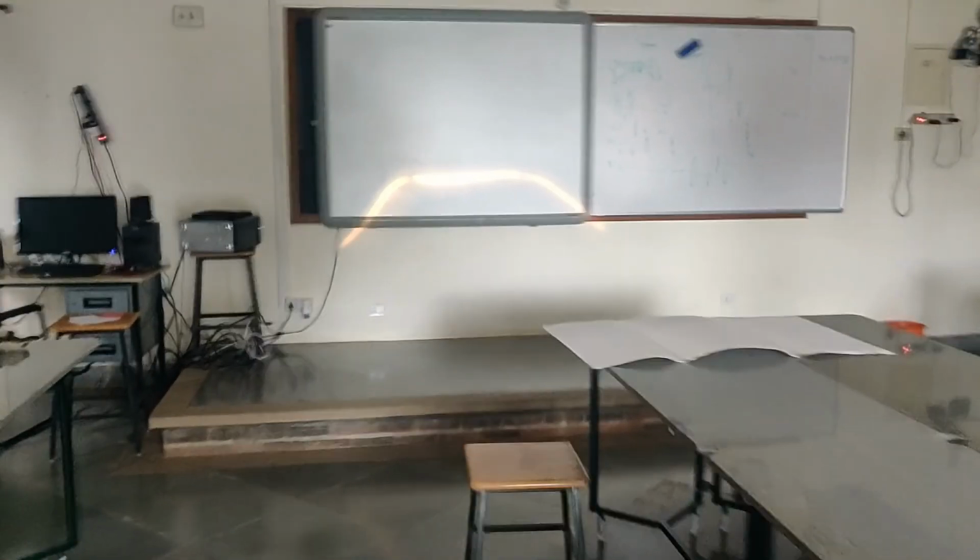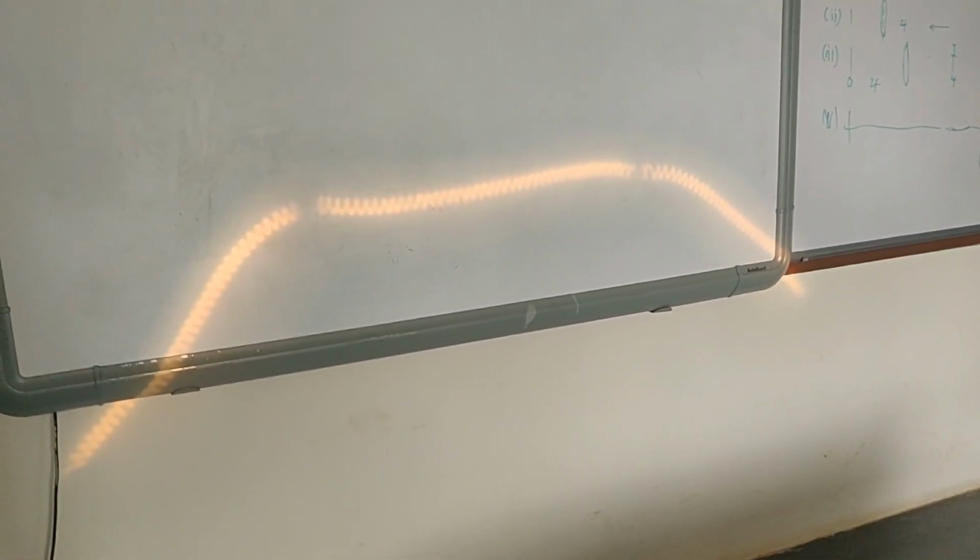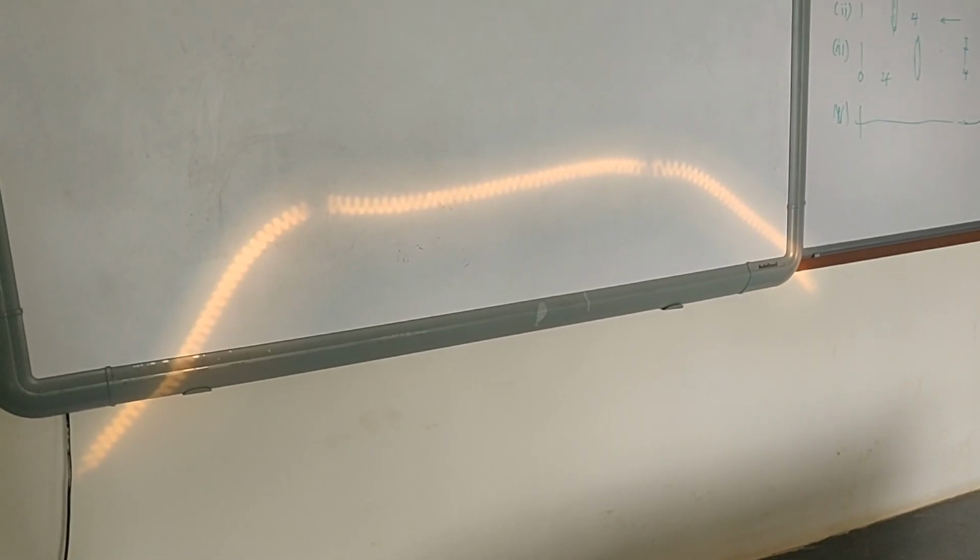Okay, so you can see that now the image is formed on the screen at infinity, and as you can see, this image is not in the form of W or U. You can clearly see that this is in the form of N. So this is clearly inverted, and this image is highly enlarged.